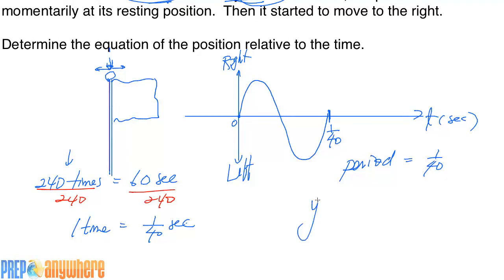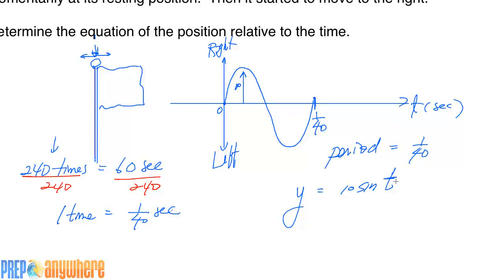Because the amplitude right now is 10, this is going to be 10 sine of t. But then what's the period now? The period is 360, right?